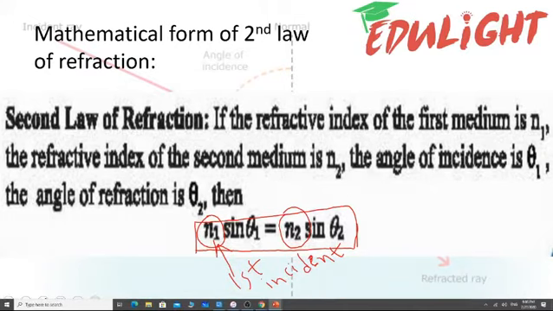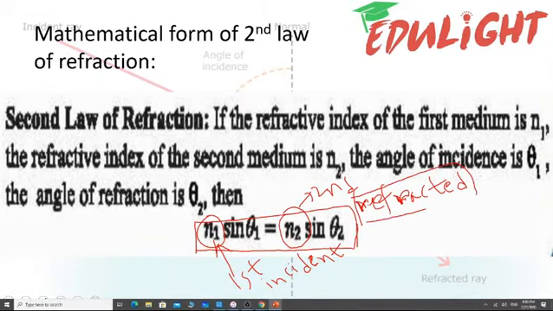Okay, n2, that means it is the second medium or the refracted medium. Sorry for my writing, as I am writing with a capacitive stylus, my writing is not that good. Okay, the second medium will be called the refracted medium.